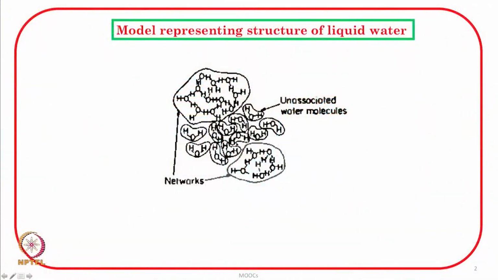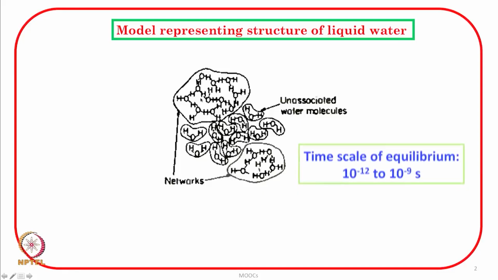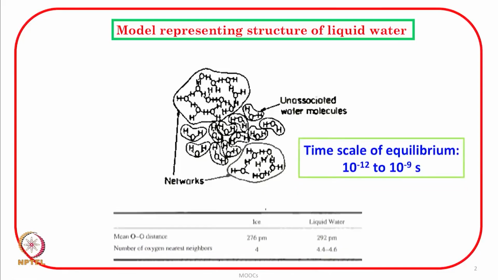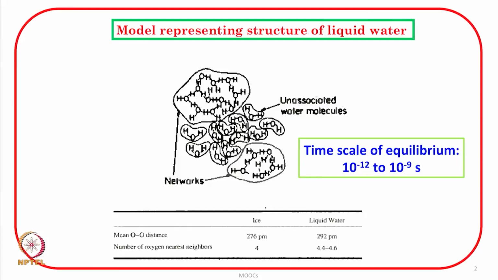We discussed that liquid water is a mixture of unassociated water molecules and a hydrogen bonded tetrahedral network. In this tetrahedral regular network of hydrogen bonded water molecules, there is extensive amount of hydrogen bonding. And we discussed about the time scale of equilibrium and other parameters which describe the properties of water in the liquid form.